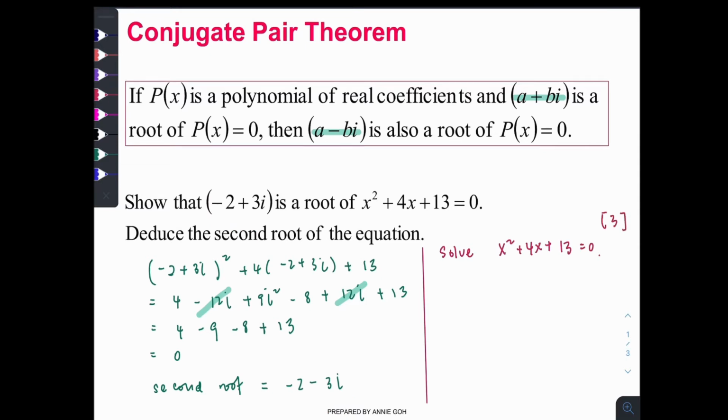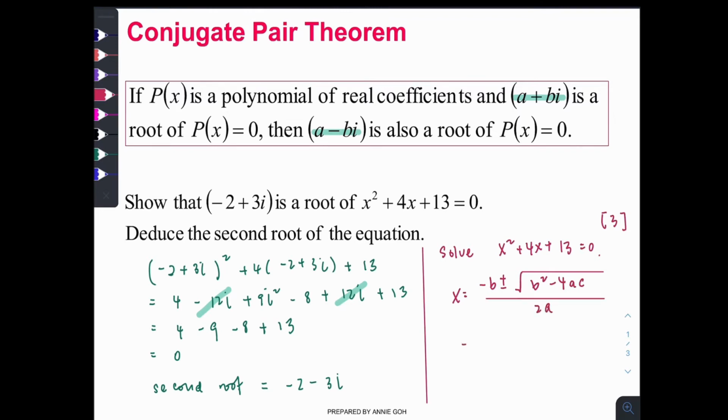Therefore, to solve this equation, which is actually a quadratic equation, if the answer that you get from the calculator is a complex root, then the proper step to get the answer for this equation is by using the quadratic formula, which is negative b plus minus square root of b squared minus 4ac, over 2a.